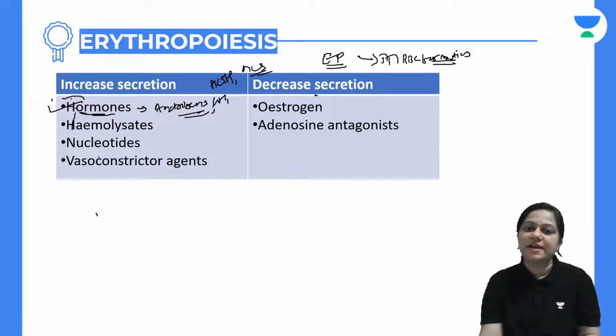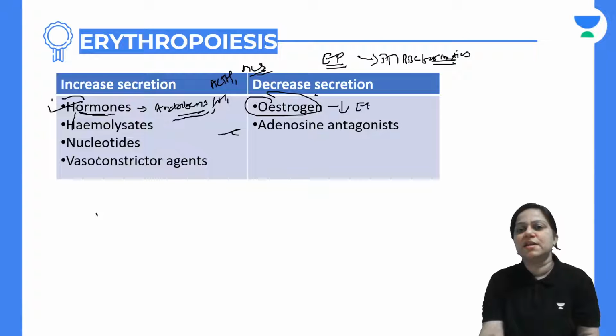All the hormones except estrogen. Estrogen decreases erythropoietin secretion, which means it decreases the RBC count.